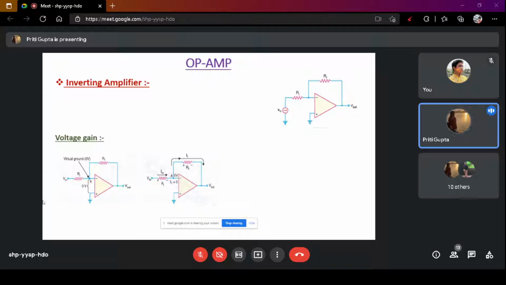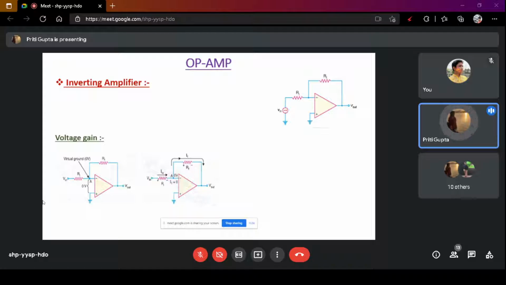Now listen to me. We all know that an op-amp has such a characteristic that its input resistance or input impedance is very high, ideally infinity. Practically it's very high, in some thousand ohms. So basically, the current which is passing through the input terminal is nearly equal to zero, ideally zero.